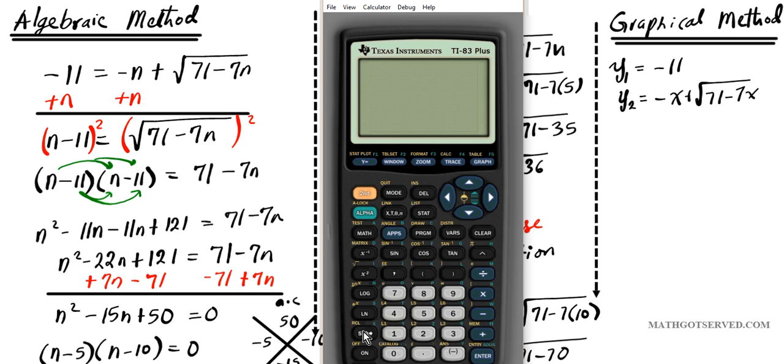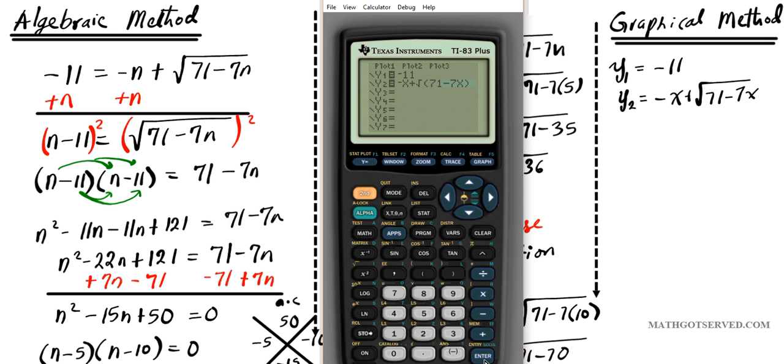All right, let's see what happens here when we have no solutions. So first one is negative 11, enter. And then the second is negative x plus the square root of 71 minus 7x.